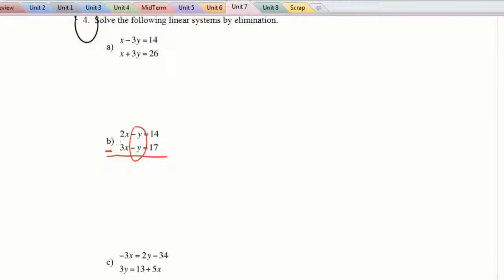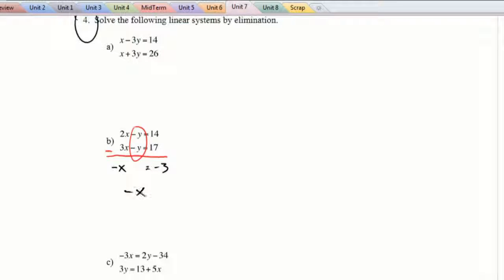So if I'm subtracting, what do I end up with? So I go 2 minus 3 is going to give me negative x. My y's are going to go to 0, so I'm not even going to write it. And then I'm going to get 14 minus 17 gives me negative 3.